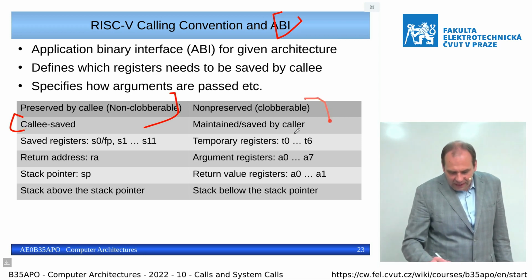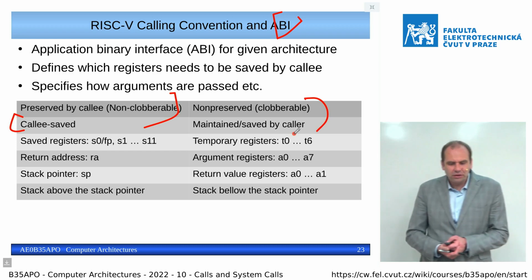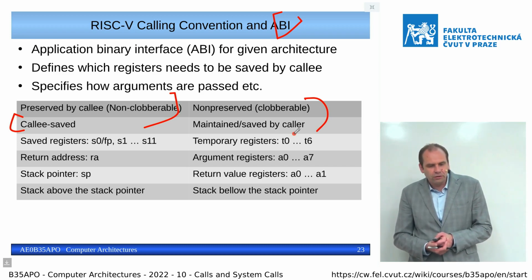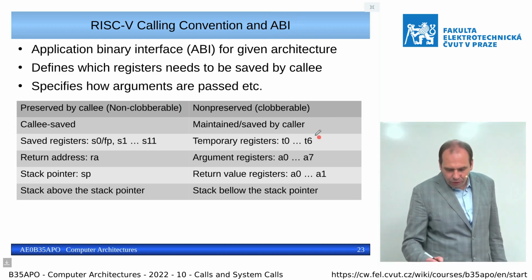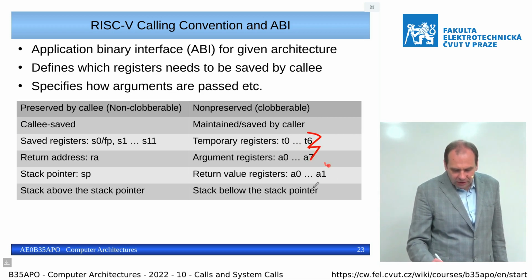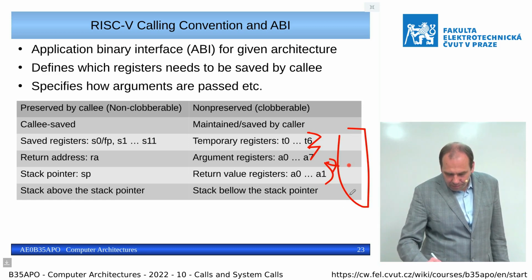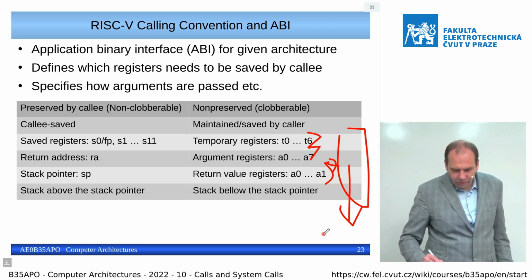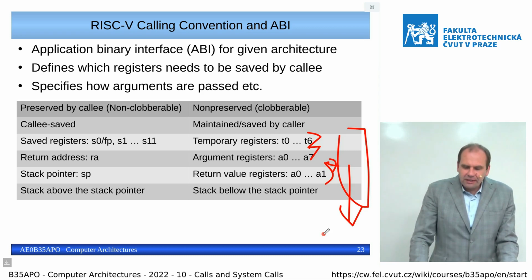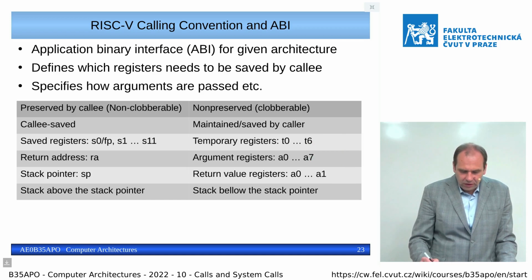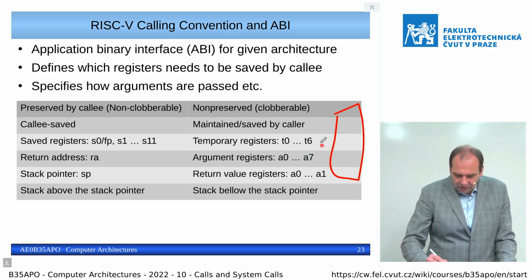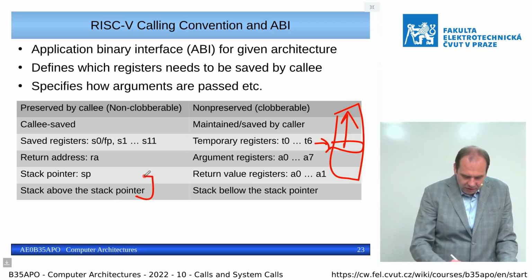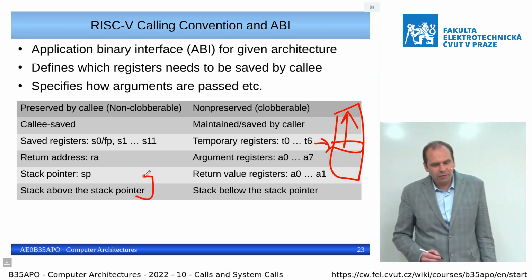And then there are some areas which are not preserved when you call a subroutine. So, for example, temporary registers, argument registers, and the stack area below your stack pointer on the lower addresses can be rewritten by the called function. On the other hand, the stack area from your stack pointer up is yours, so nobody can modify it.